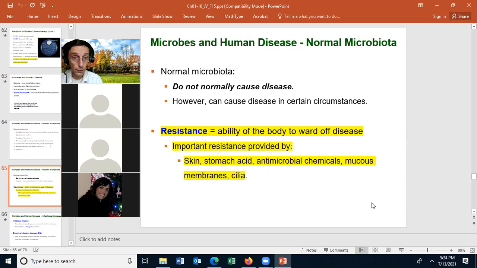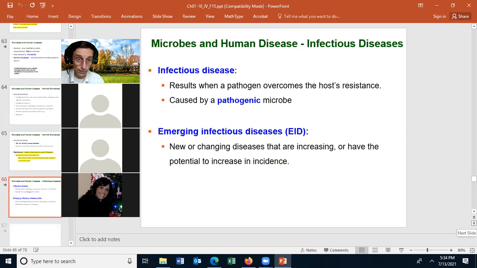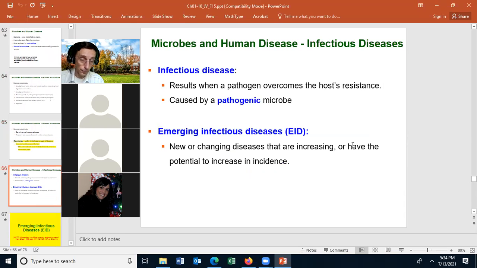The normal microbiota do not normally cause disease. However, they can cause disease under certain circumstances, such as in an immunocompromised host, like an AIDS patient or a patient receiving chemotherapy. An infectious disease is when a pathogen overcomes the host resistance and then causes disease.